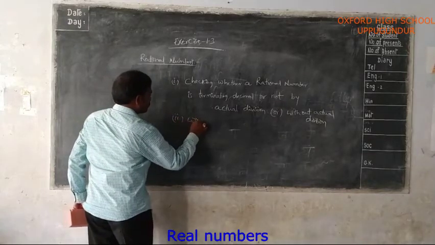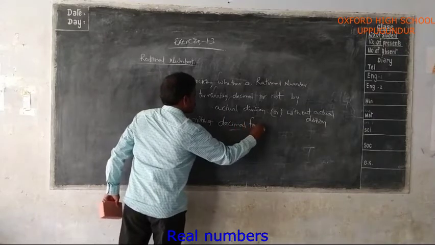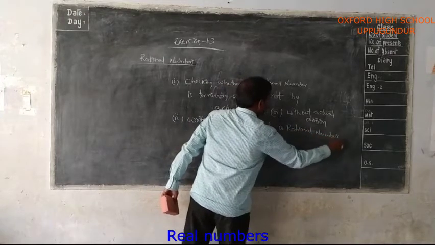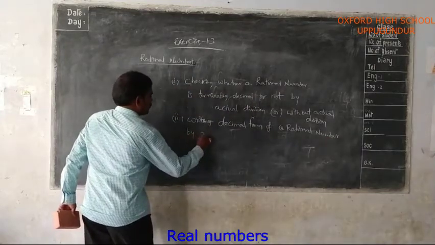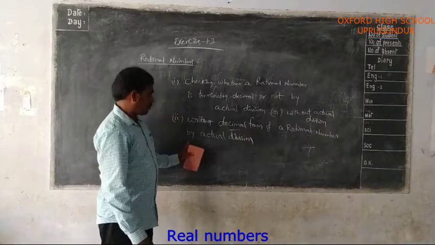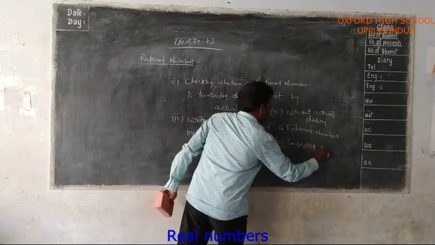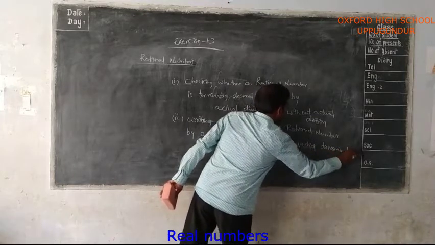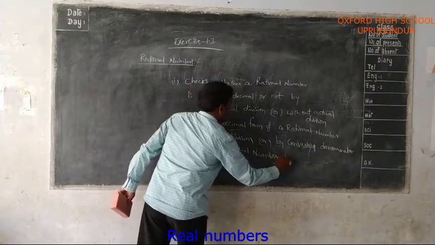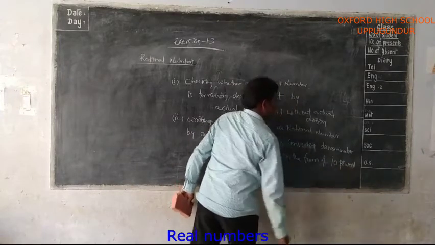Next, writing the decimal form of a rational number by actual division or by converting the denominator of a rational number into the form of 10 powers.